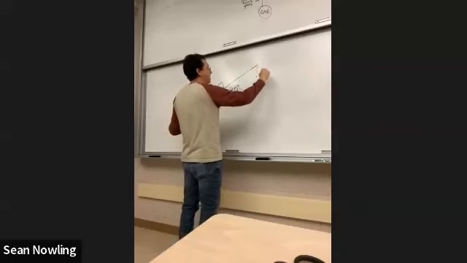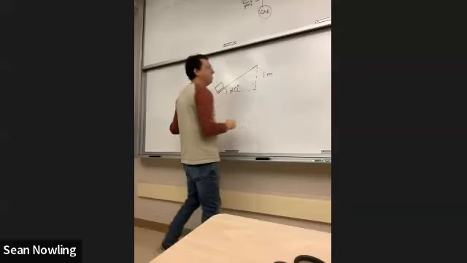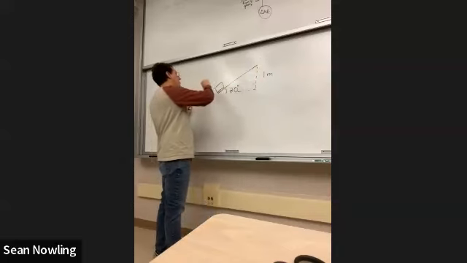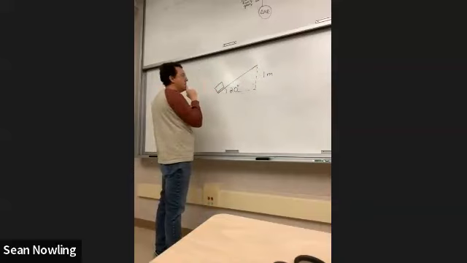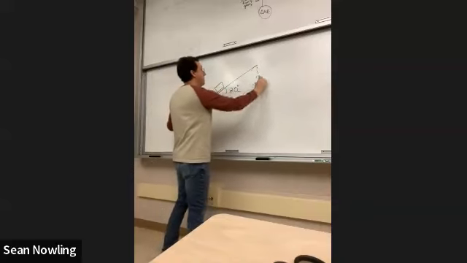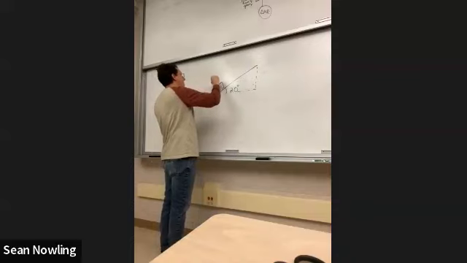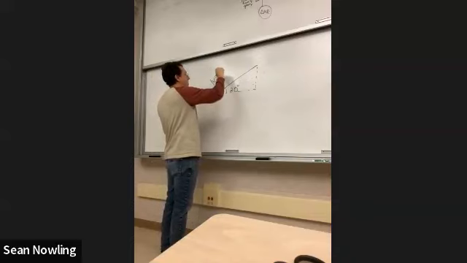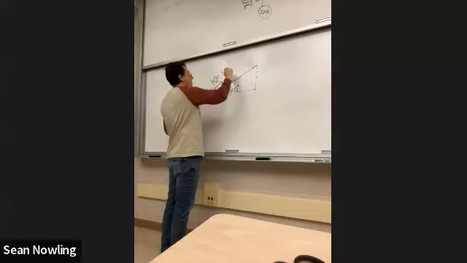Let's say that the height of this is 1 meter tall. You know what? I won't give you the height. Let's assume that the initial speed is 3 meters per second.